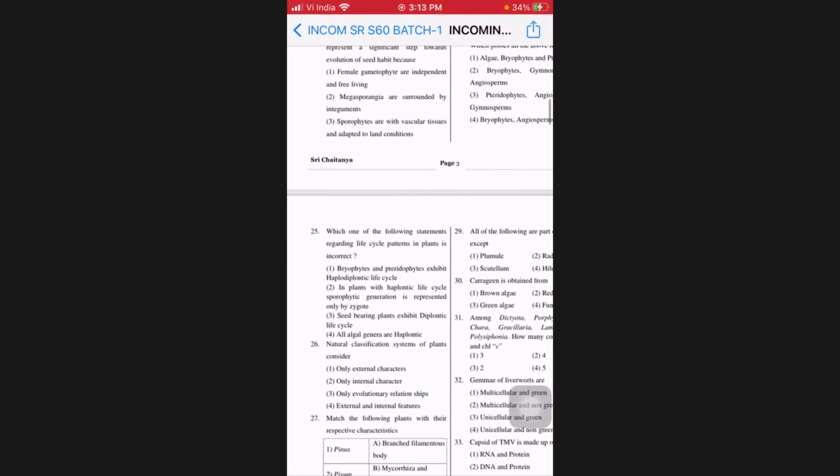25th. Which one of the following statements regarding life cycle patterns in plants is incorrect? Bryophytes and pteridophytes show haplodiplontic, correct. In plants with haplontic life cycle, meaning algae and fungi, especially algae, sporophytic generation is represented only by zygote, correct.